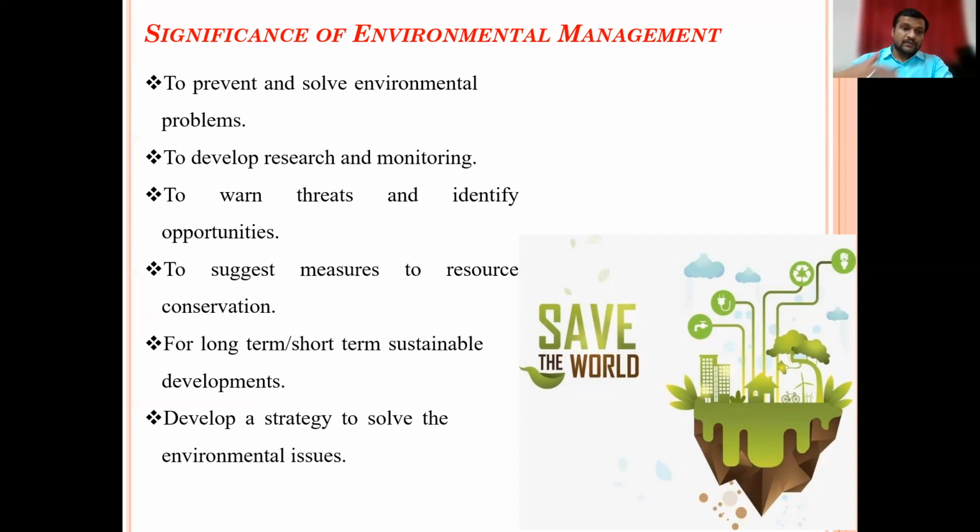It also helps to develop different strategies and mitigation planning to solve environmental issues. So it has a wider significance: to solve any environmental problem, to work for developmental activities, to suggest precautionary measures, to work for sustainable development, and to solve environmental issues.